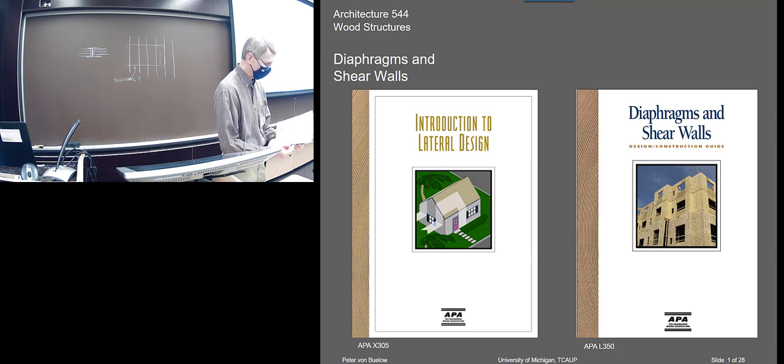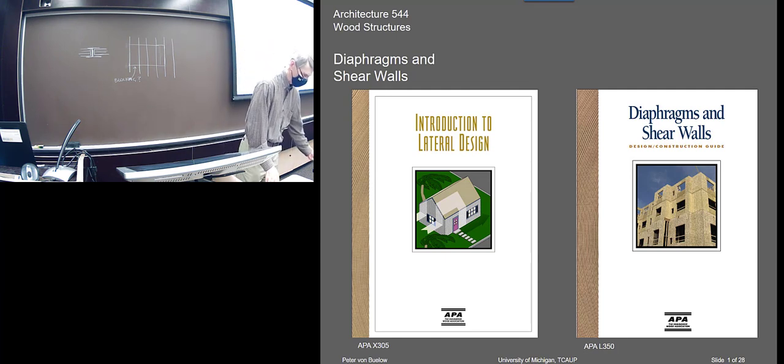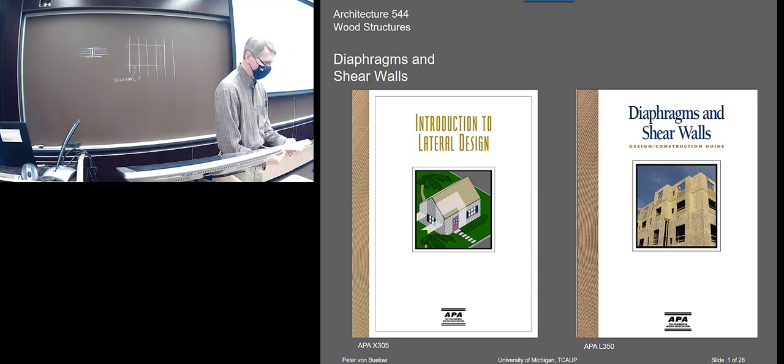I've taken a lot of the figures out of this for the slides, but it shows how the panels resist the lateral loads, which is kind of nice. And then this is diaphragms and shear walls. This gives more tables, I believe. Doesn't it? Yeah, here toward the back. Gives nailing specifications and some of the more detailed specifications of the use.